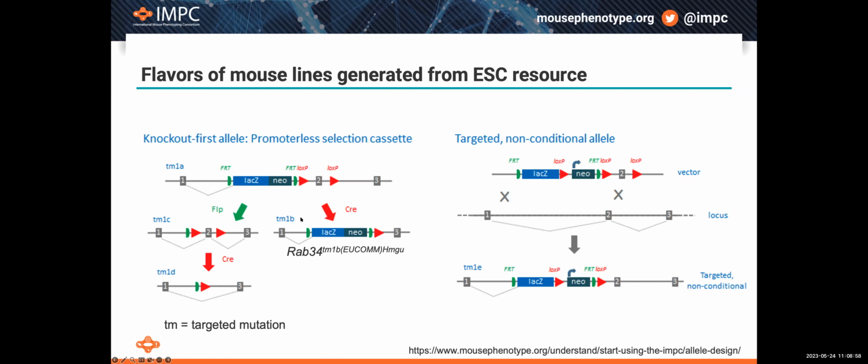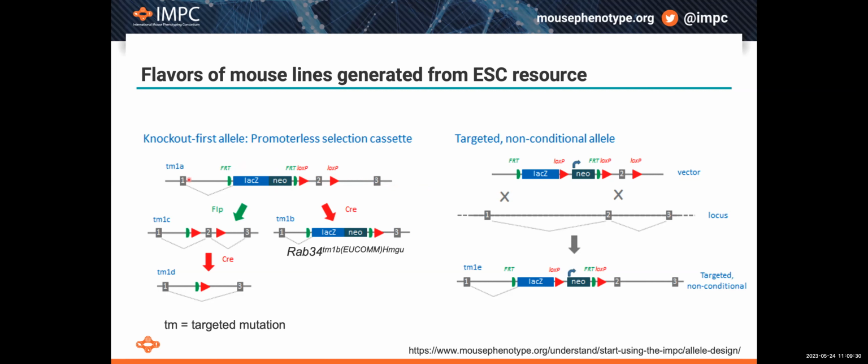This is a standard design for an ESL-based targeting construct where a critical exon is flanked by LoxP sites, and it has this reporter, LacZ, Neo, or beta-geo, surrounded by FRT sites. So this is a knockout-first allele, in that splicing would splice into the selection cassette and then terminate transcription, and you wouldn't get translation of these downstream exons.